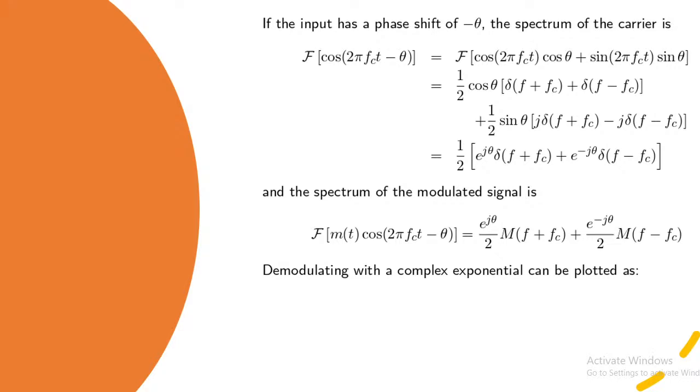So the spectrum of the modulated signal will be exponential j theta by 2 into M of f plus fc plus exponential minus j theta by 2 into M of f minus fc.